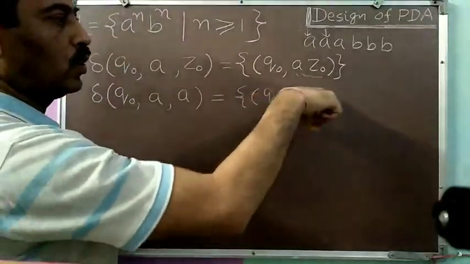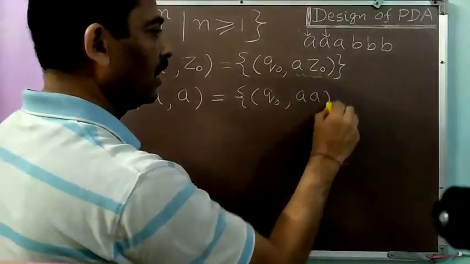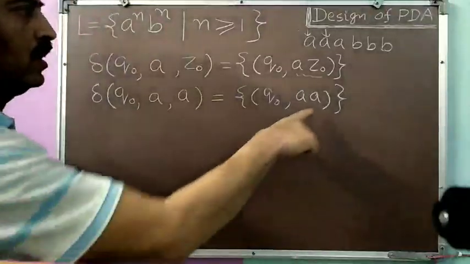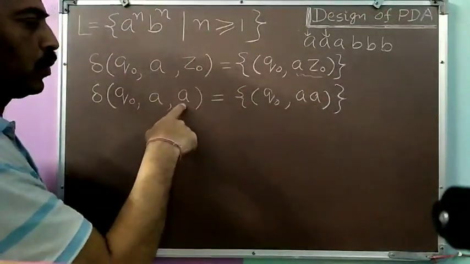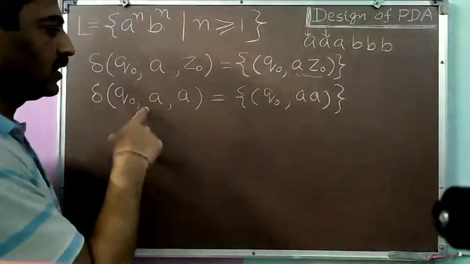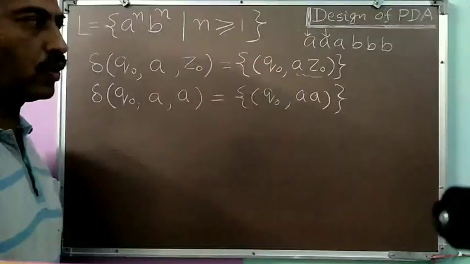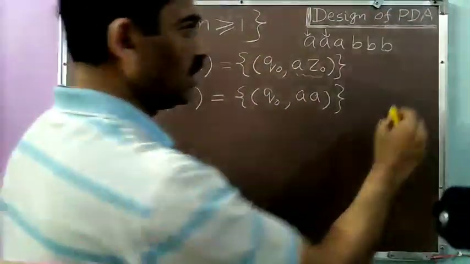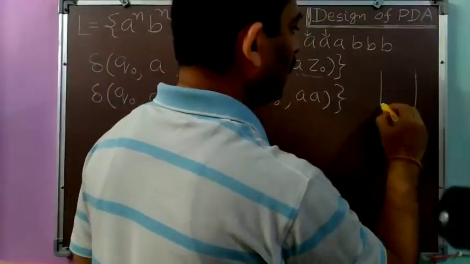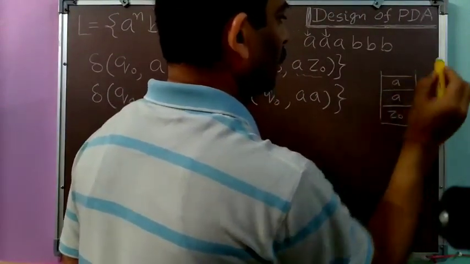Now what should I write here? I should write double A. Why have I written this double A? This first A corresponds to the topmost symbol, which is A, and this second A is the additional A which I want to push. So now the status of the pushdown store will be Z0, A, and A, something like this.